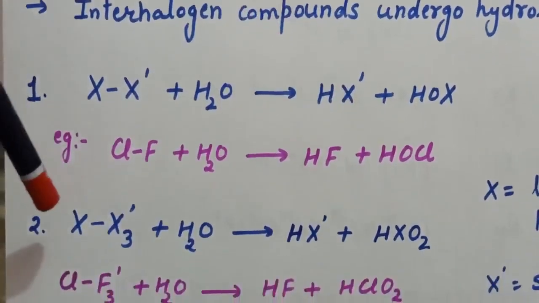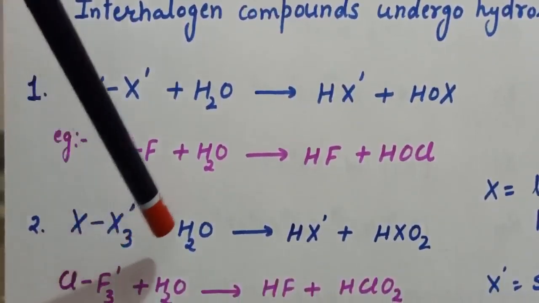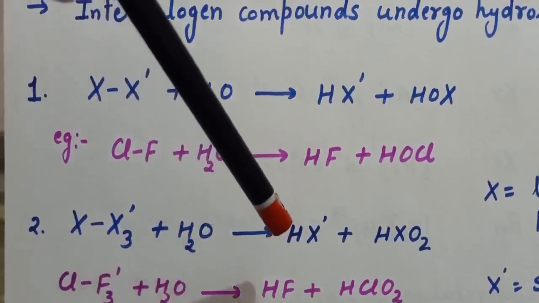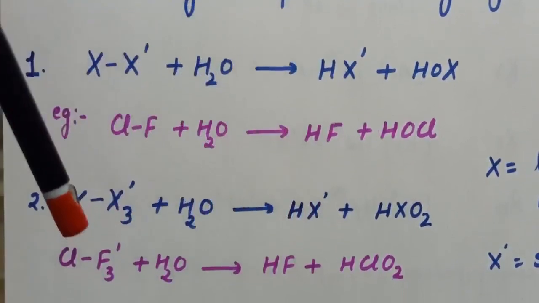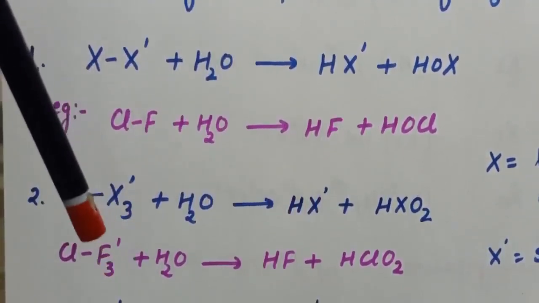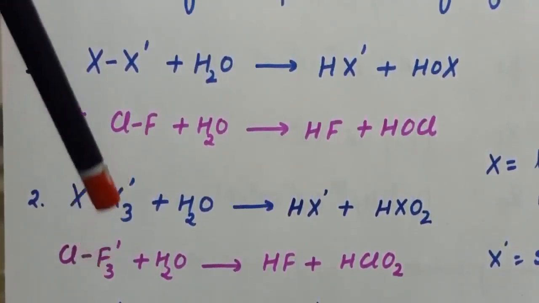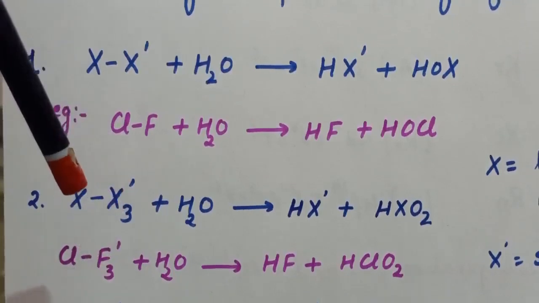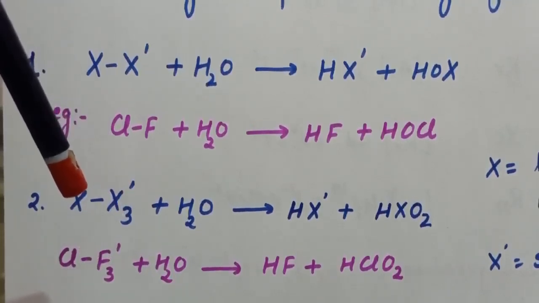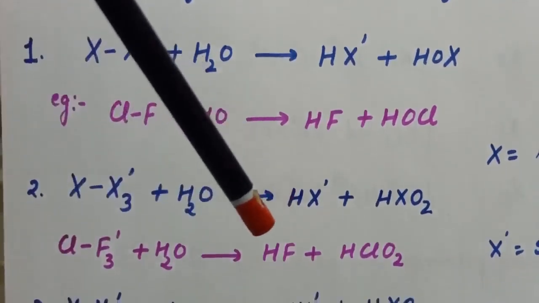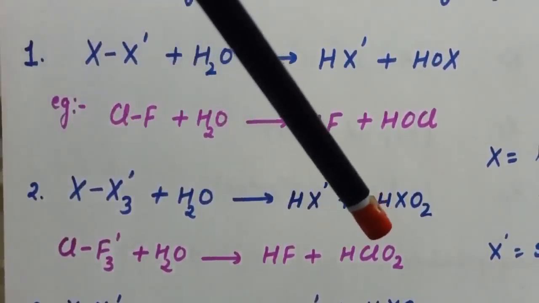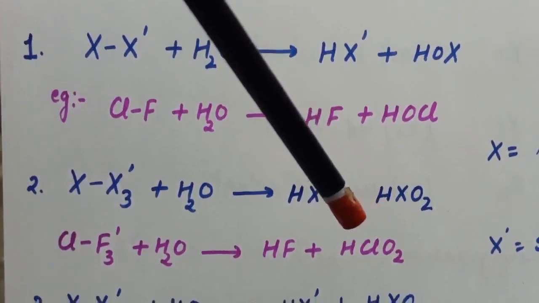Now the second type is XX'3 plus water. So again we are getting HX dash plus HXO2, and the example is ClF3, where this fluorine represents X dash and this X is represented by chlorine. So the product is again HF plus HClO2, that is known as chlorous acid.